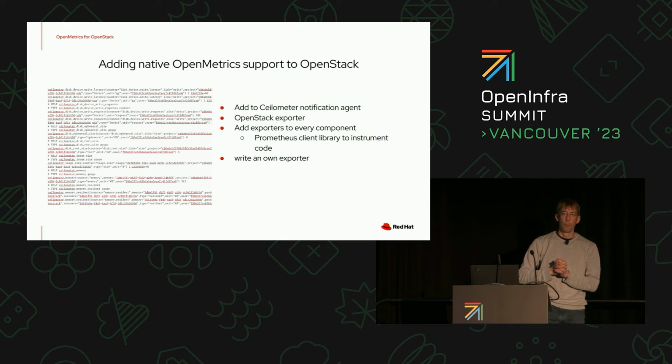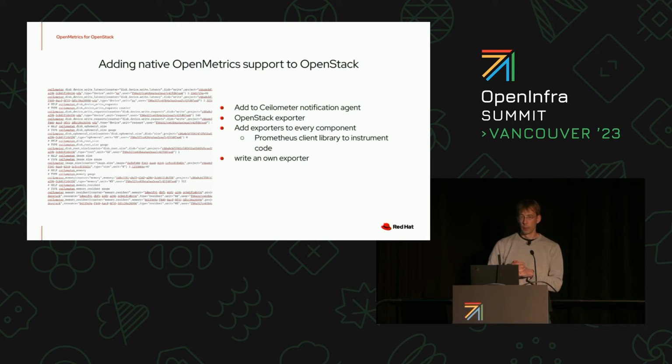Or an own exporter can be written. As shown before, the format is pretty readable, pretty easy to write. The benefit I see here, for example, is that one would not rely on ceilometer as a component or project user. If I would be writing code for Nova, I could just use curl and get the metrics out of Nova instead of relying on something else that needs integration and would be released in a next release.